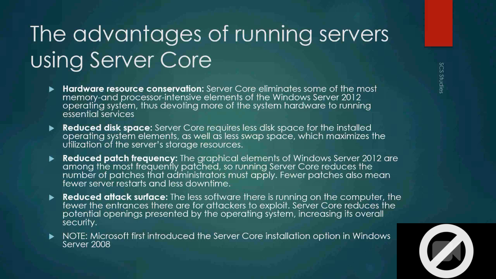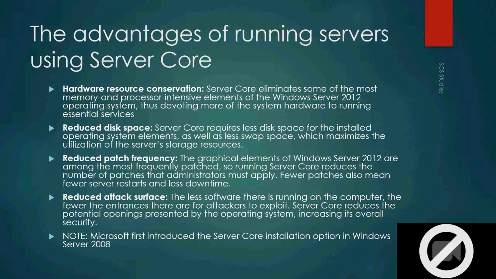Here we have to know one more thing: from where did server core first start? Microsoft first introduced the Windows Server core installation option in Windows Server 2008 onwards. That means if you try to find a server core edition in Server 2003, you will not get it.